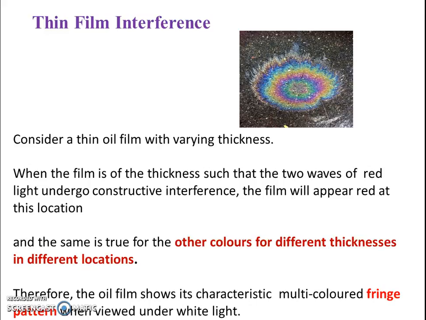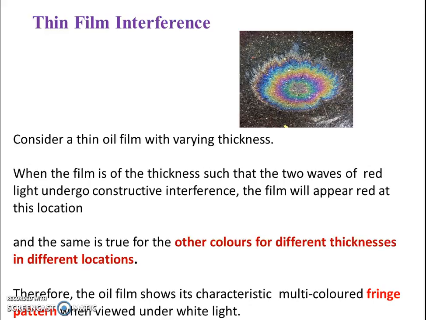Now consider a thin oil film with varying thickness. When the film is of a thickness such that the two waves of red light undergo constructive interference, the film will appear red at this location, and the same is true for the other colors at different thicknesses in different locations.